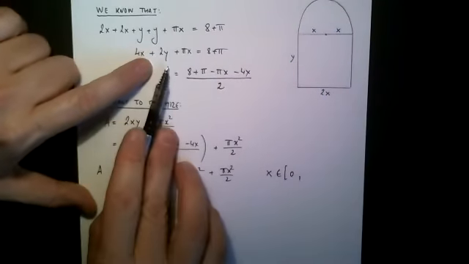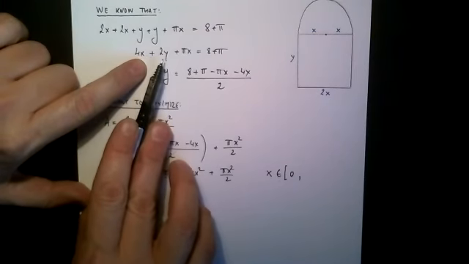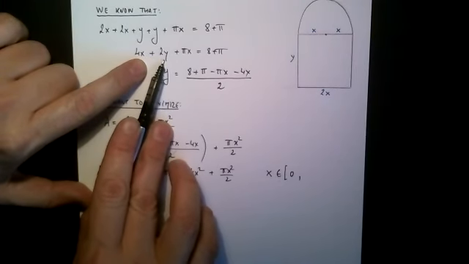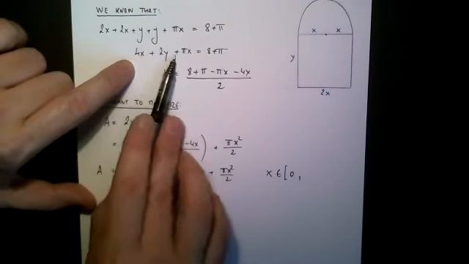And the highest value of x is if I plug in y equals 0 here, I'm going to get 8 plus pi over 4 plus pi.